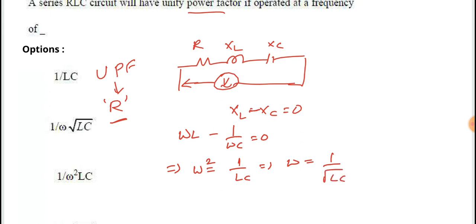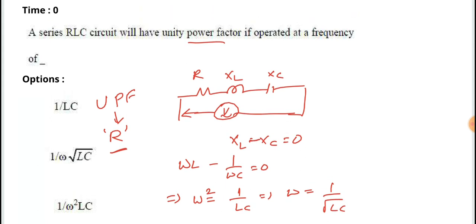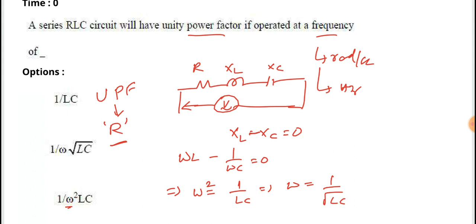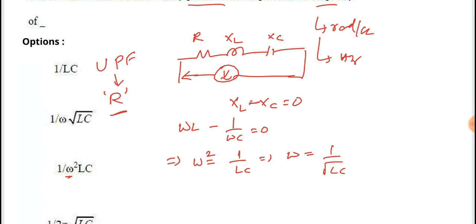But in the given question, they asked for frequency. They did not mention whether the frequency is in radians per second or in hertz. So check the answer options here. In all the options, omega is there. If they asked for angular frequency, then 1 by square root of LC would be the correct answer, but they didn't ask that here.